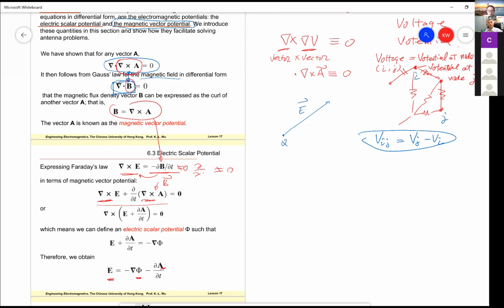Now the problem for solving electromagnetic fields is to find the potential functions: one is the electrical scalar potential, one is the magnetic vector potential function A, right?